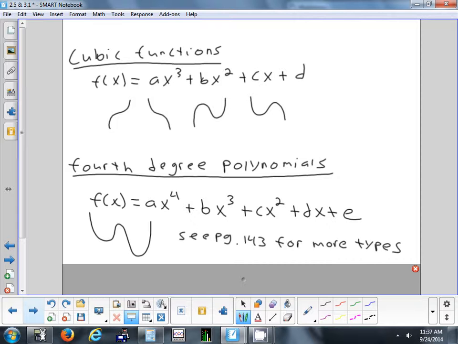So all even degree polynomials look something like this. And in the middle, you can have a bunch of twists and turns, but both ends either go up forever or, for an even degree polynomial, both ends go down forever. And there could be a bunch of twists and turns in the middle. Kind of like this.